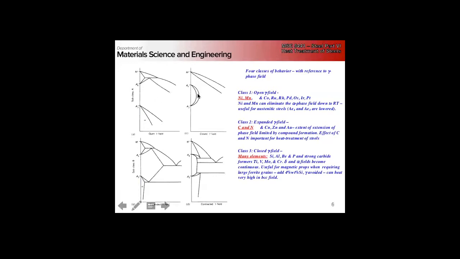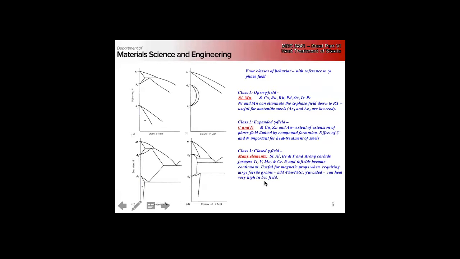If we close the gamma field, meaning that, right? So now here's our A3 and our A4 points, right? So this is our austenite field here, right? There's a whole lot of elements that tend to do this.